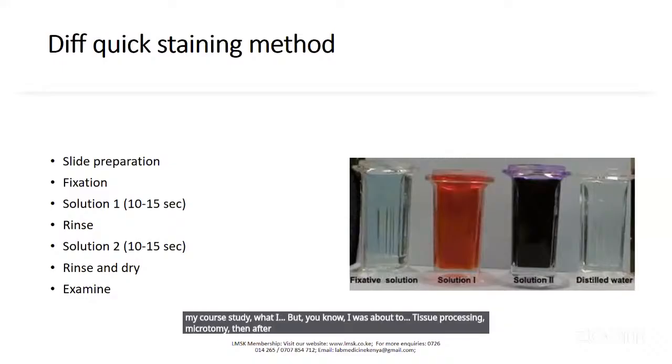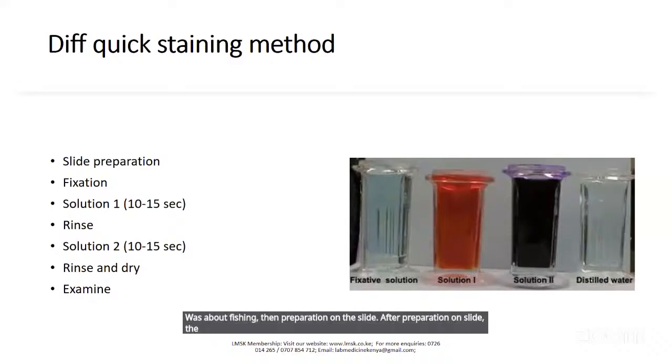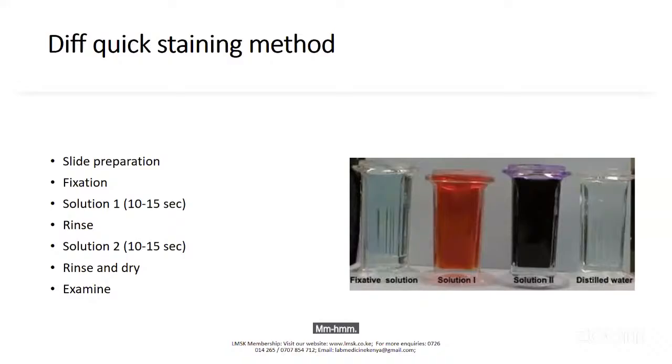After microtomy, it was about finishing, then preparation on slide. After preparation on slide, the tissues we used to stain with H&E. In terms of cytology, it was about FNA, which we used to stain with Papanicolaou stain. Then the pathologist used to study under the microscope, then he writes the report.